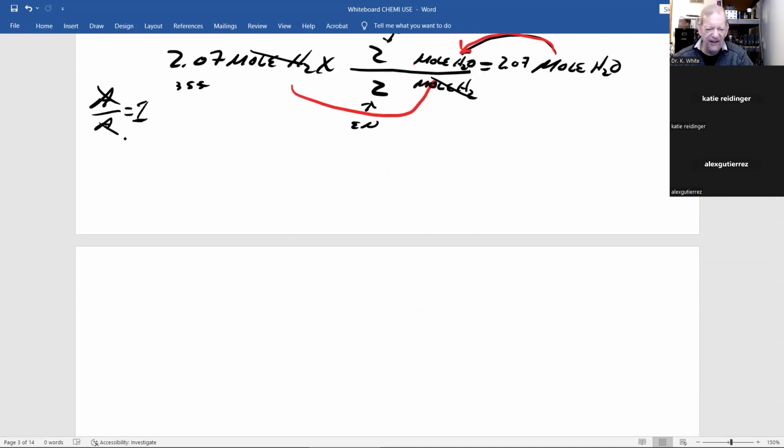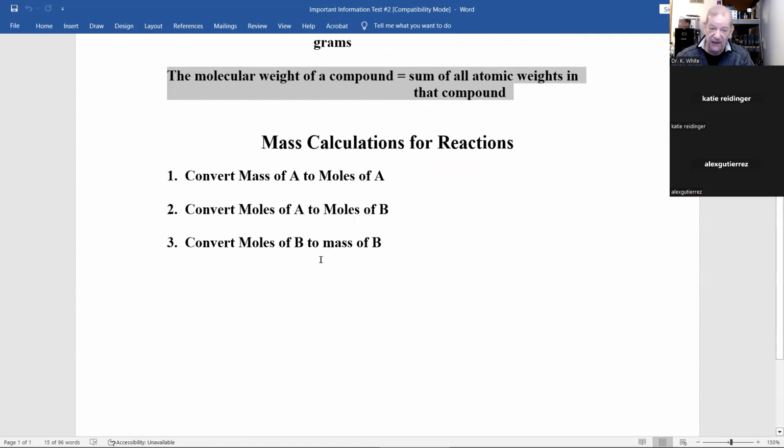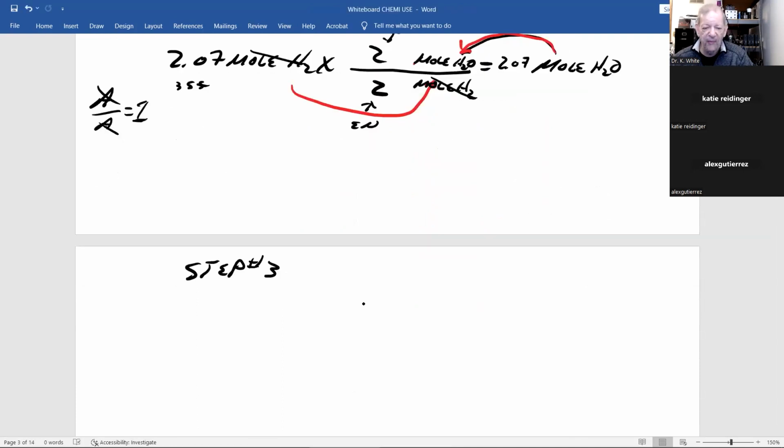So now I need to do step number 3. On important information for test number 2, step 3 is convert moles of B, water, to mass of B, water. So B is water, moles of water to grams of water.